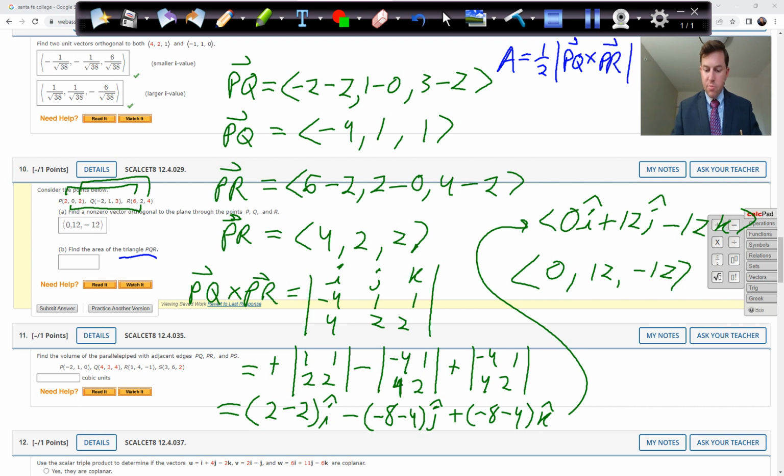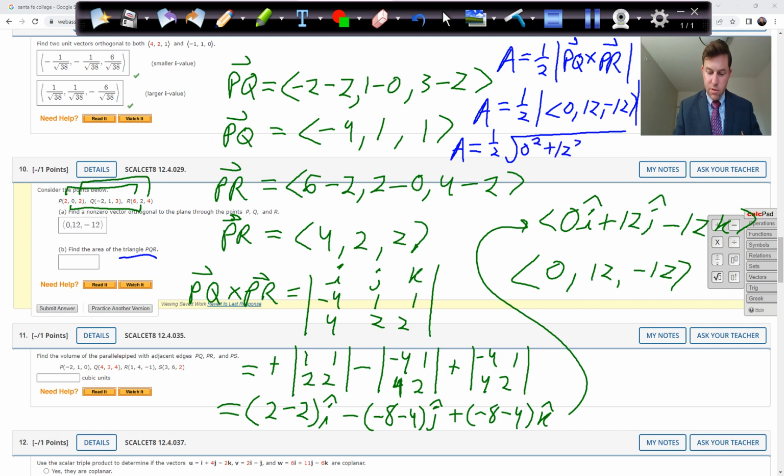But we just found PQ cross PR. So the area is 1/2 the magnitude of 0, 12, minus 12, which is 1/2 times the square root of 0 squared plus 12 squared plus minus 12 squared.